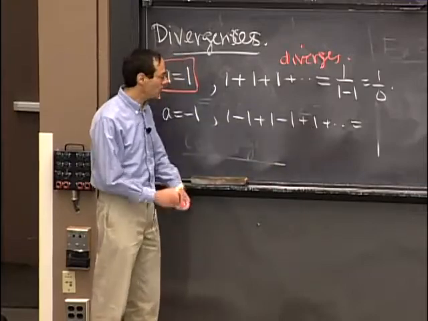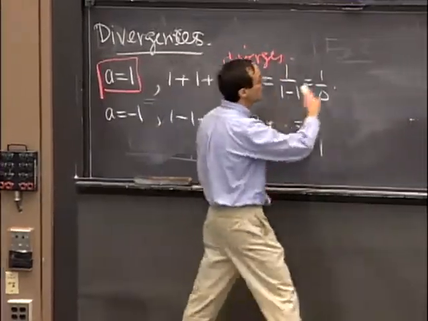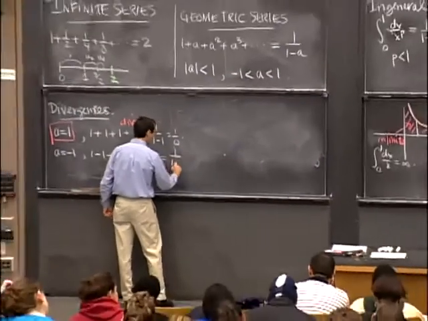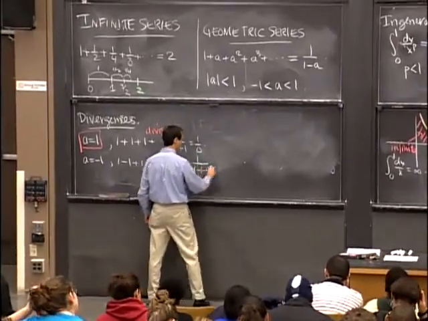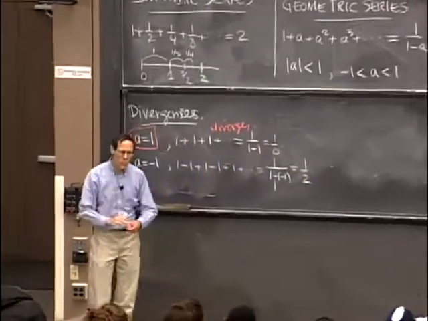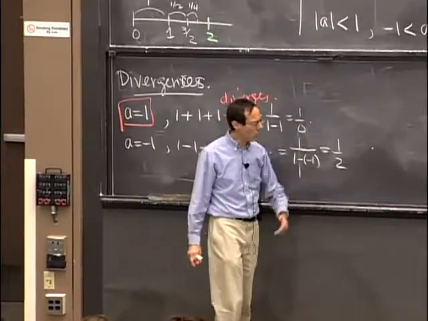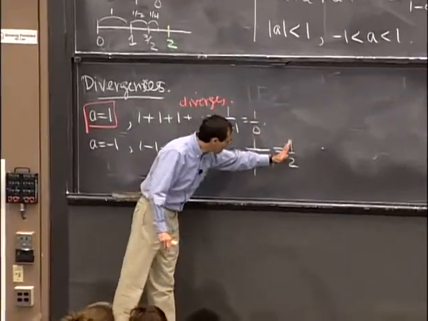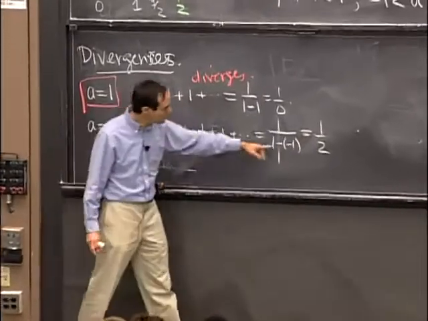It oscillates. On the other hand, if you compare the right-hand side, what's the right-hand side? It's 1 over 1 minus minus 1, which is a half. So if you just paid attention to the formula, which is what we were doing when we integrated without thinking too hard about this, you get a number here, but in fact that's wrong. Actually, it's kind of an interesting number.